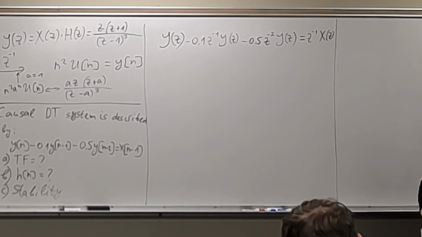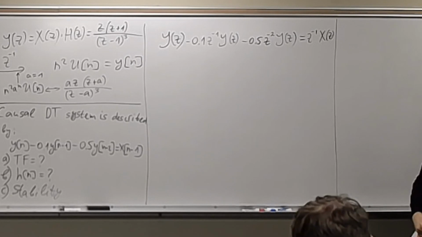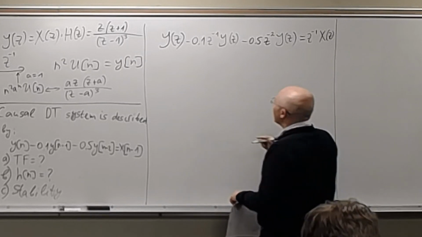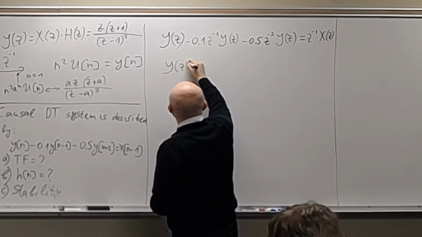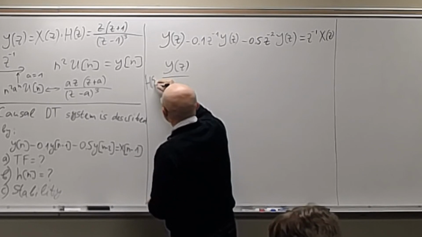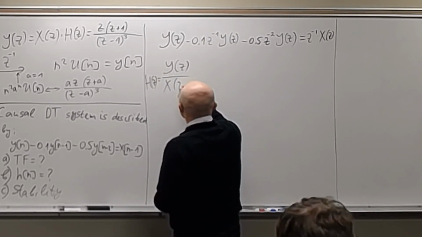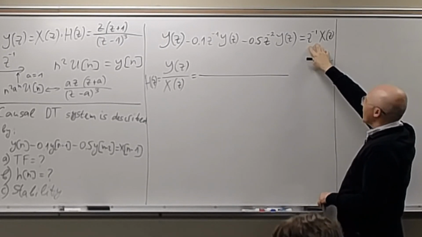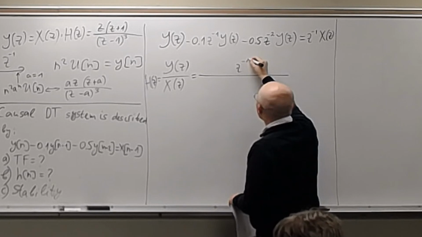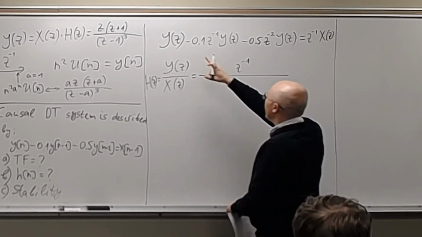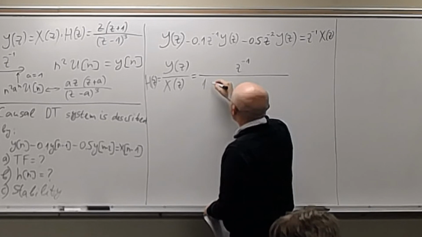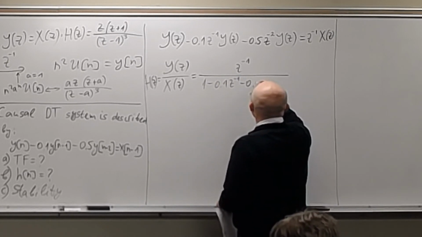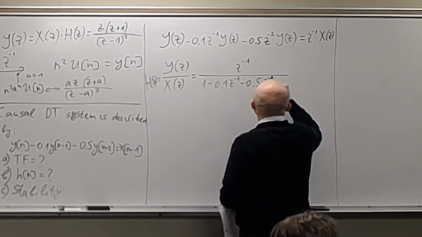Now all I need to do is basically to find what is y divided by x. So I'm taking common Y here, here, and there, and X is here. So Y(z) divided by X(z), which is H(z), the transfer function, is basically z to the minus 1 on top, and here it's 1 minus 0.1 z to the minus 1 minus 0.5 z to the minus 2.